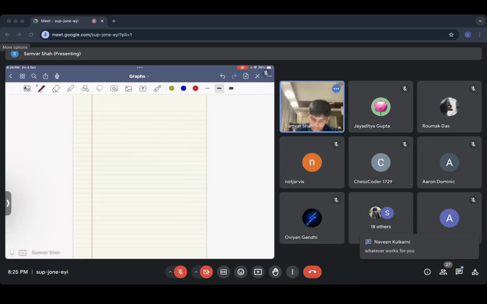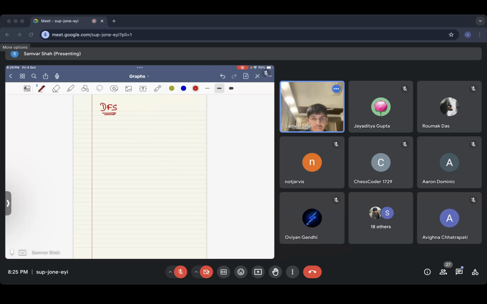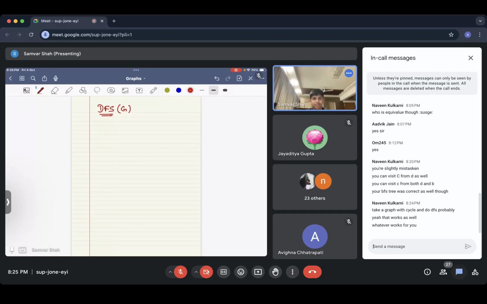So, DFS on a graph G, what we basically do is, it will be on a graph G with a source.